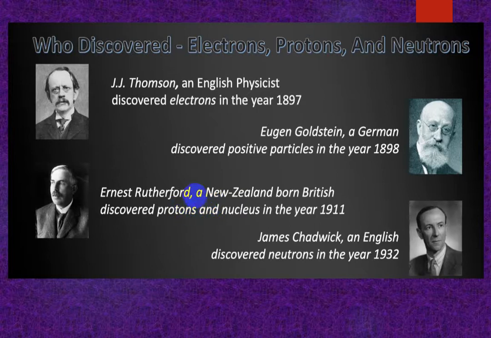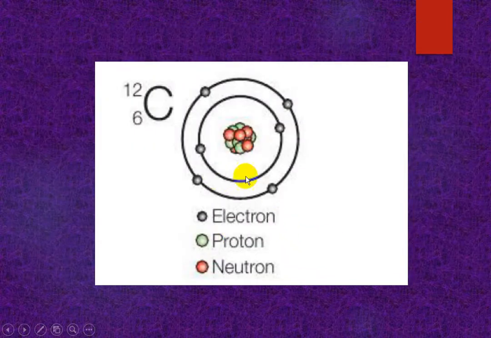Good. The electron was discovered by J.J. Thomson in 1897, the proton by Rutherford in 1911, and Chadwick discovered the neutron in 1932.